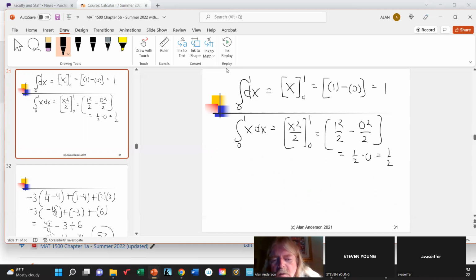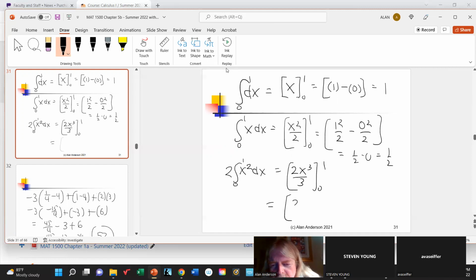Okay, or let's say you had something like this. So here you'll have 2x cubed over 3, evaluated from 0 to 1.